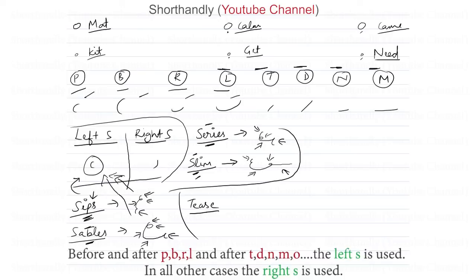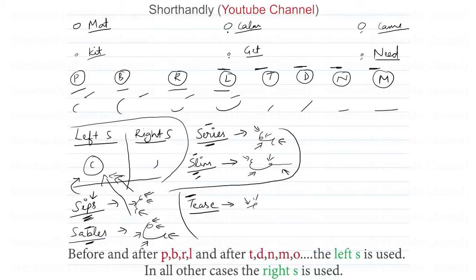If you notice here we have this T character, and in the statement we have this T, D, and M. Alright, so T is also in the statement and also in this word. So we have to use the left S here also.